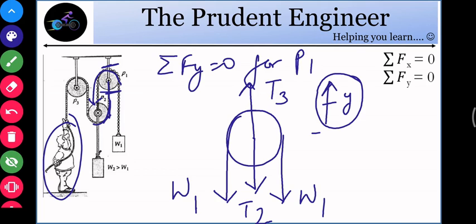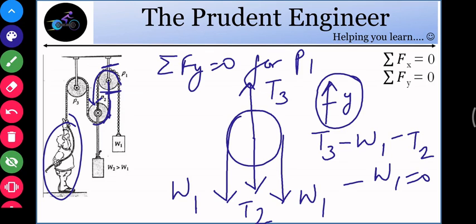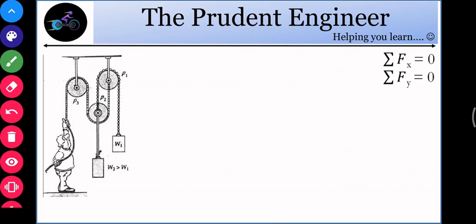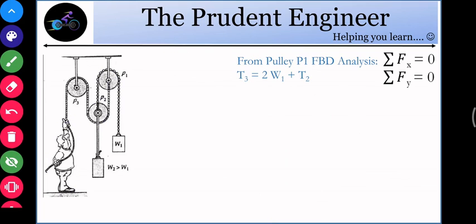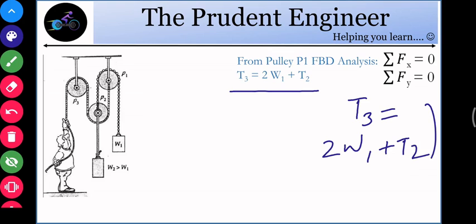So we write T3 as positive, W1 as negative, minus T2 as negative, minus W1 as negative, and all of that equals 0. We finally reach the conclusion that T3 equals 2W1 plus T2, and you can see that here.